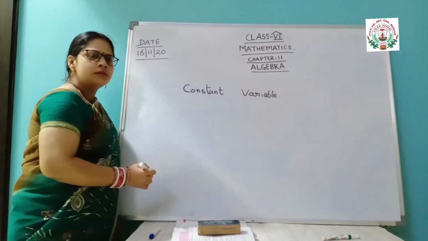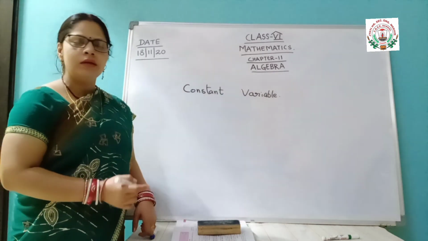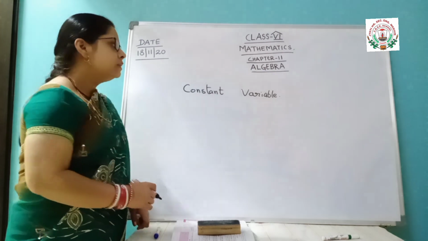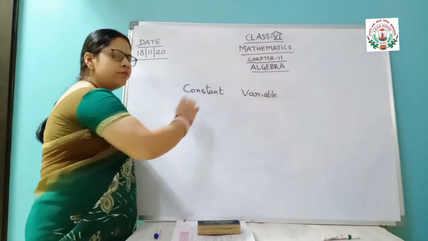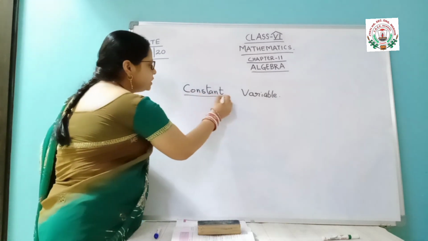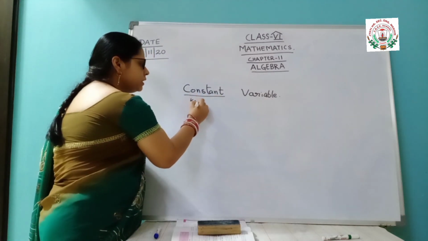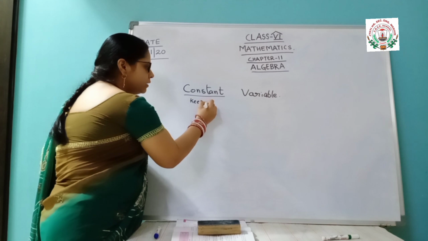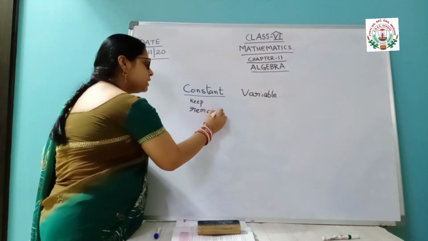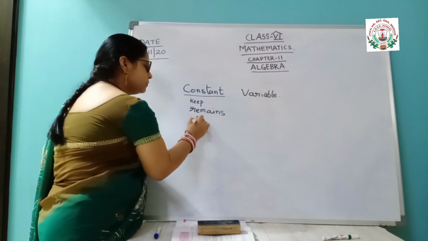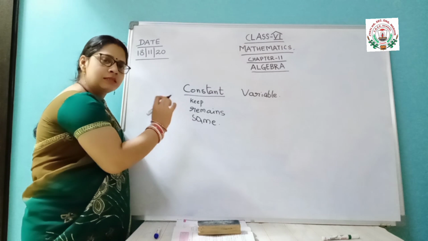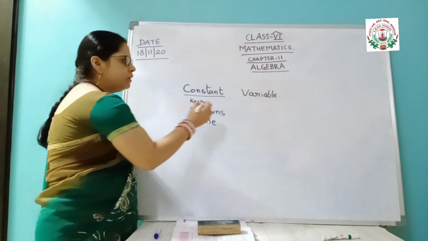Like in science you study living things and non-living things, opposites. Same way here, constant and variable are just opposite. Constant means which remains the same. The value will be the same everywhere.